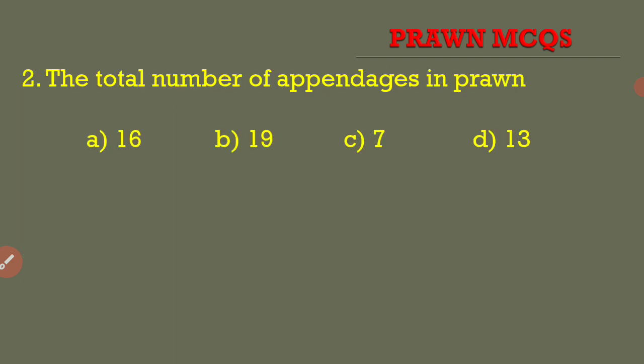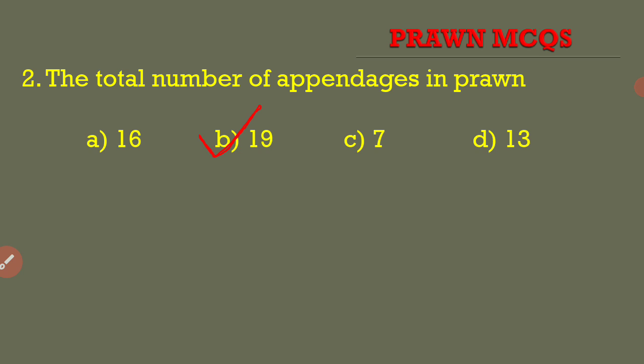Second, the total number of appendages in prawn: A 16, B 19, C 7 and D 13. So in prawn, how many pairs of appendages are there?